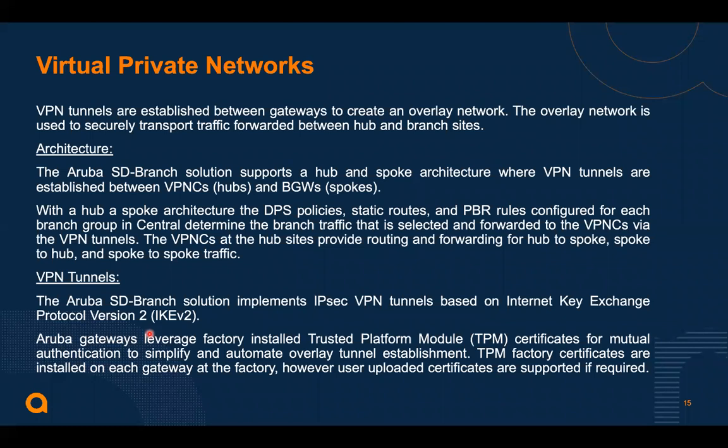A VPN tunnel needs to be established either by manual configuration or by orchestration, and that can be achieved using IKE version 2 to have the devices authenticate among themselves.